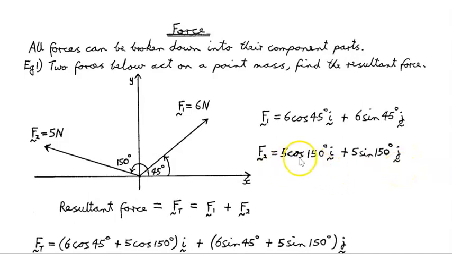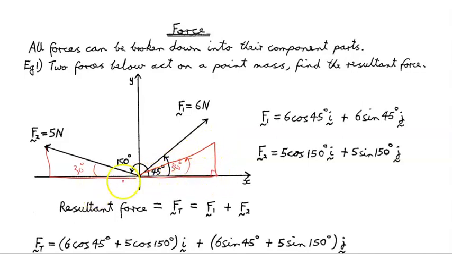Now, by the symmetry properties, you could write that as minus 5 cos of 30 degrees, because cos of 30 degrees would be out this way. It would be a positive value, whereas this would be the negative of it. You can see that angle in there as being 30 degrees, since 180 minus 150 is 30 degrees, and by the symmetry properties, that distance would be equal to the one for the related first quadrant angle.